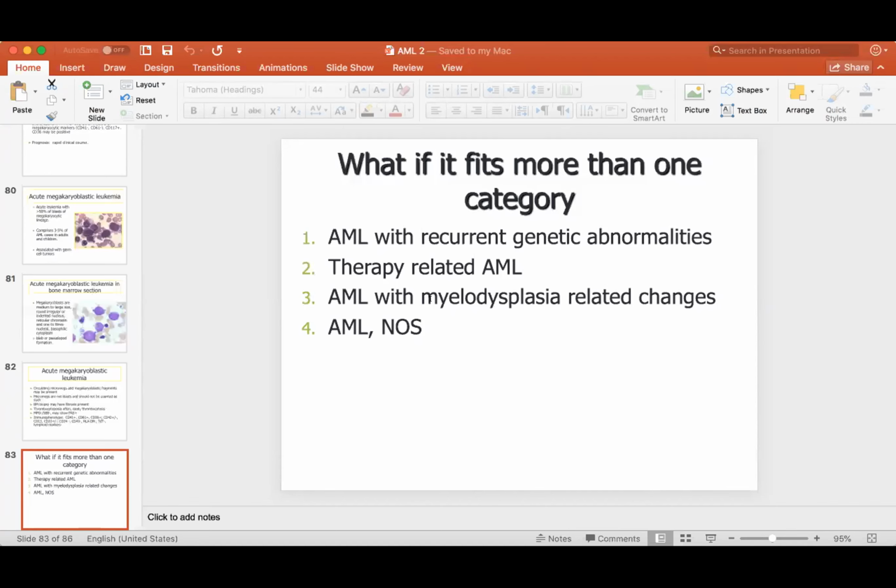If you don't have any of these and you see signs of dysplasia, you can call it AML with myelodysplasia-related changes only if there is no history of therapy and no recurrent genetic abnormalities. And also, you have more than 20% blasts, and then you have to have either signs of dysplasia in more than 50% of 2 or more lineages, or a documented history of MDS or MDS/MPN, or one of the recurrent genetic abnormalities that are known to be associated with MDS. And if you don't have any of that, you call it AML NOS, not otherwise specified, and then you go by the morphology and by the markers to fit it into which type of acute myeloid leukemia that we just talked about.